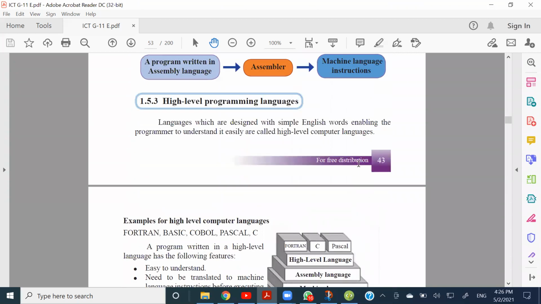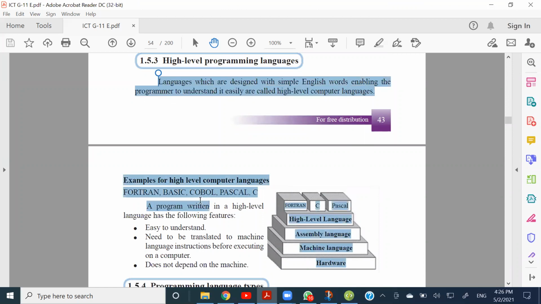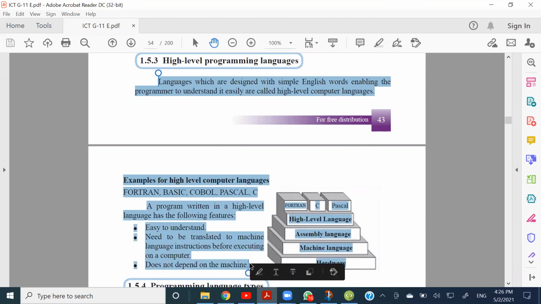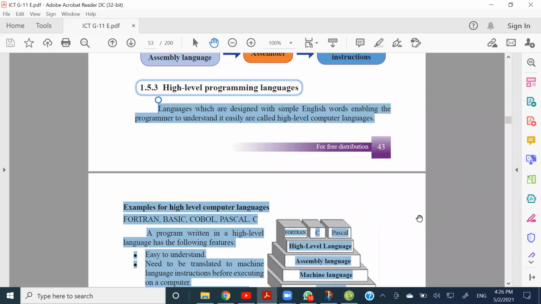So regarding the high level programming languages, people, we have to copy down the entire thing, right? You don't need to draw the diagram, but the content.